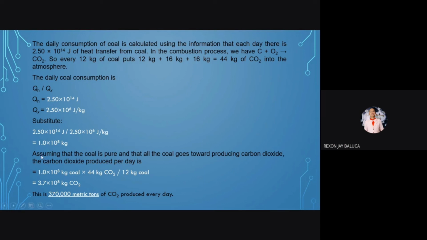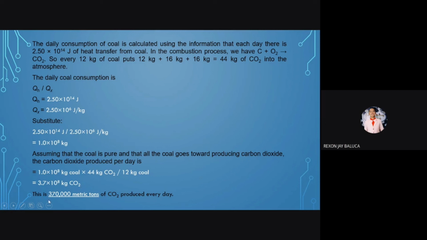Then assuming that the coal is pure and that all the coal goes toward producing carbon dioxide, we find the carbon dioxide produced per day. The problem asks how much carbon dioxide is emitted per day. So let's solve. We use 1 times 10 to the power of 8 kilograms of coal times 44 kilograms of carbon dioxide, divided by 12 kilograms. So we get 3.7 times 10 to the power of 8 kilograms of CO2.